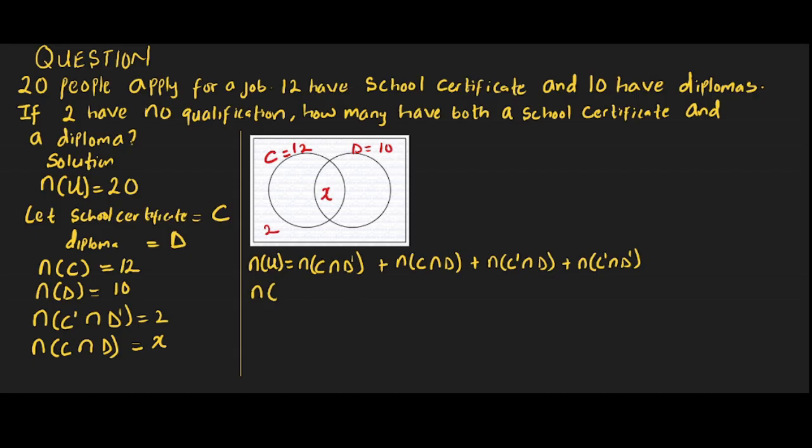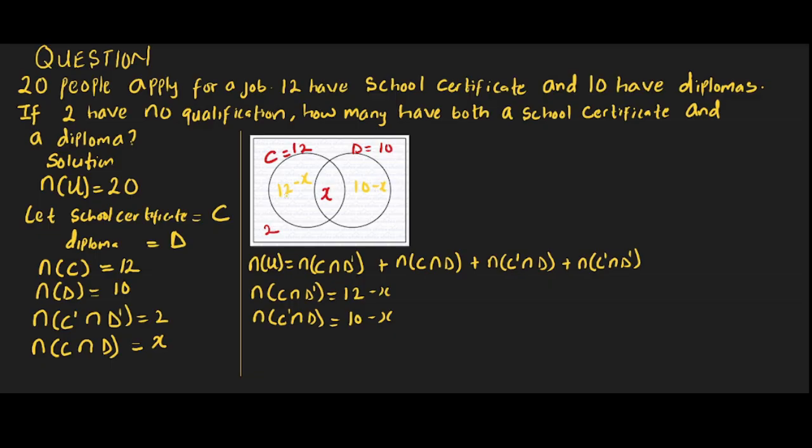Now, n(C intersection D prime) is equal to 12 minus x. This region is 12 minus x. This region is 10 minus x. That means n(C prime intersection D) is equal to 10 minus x. This is the region for the diploma only.